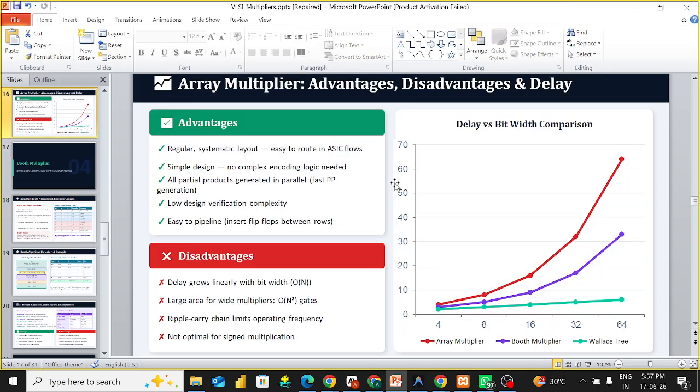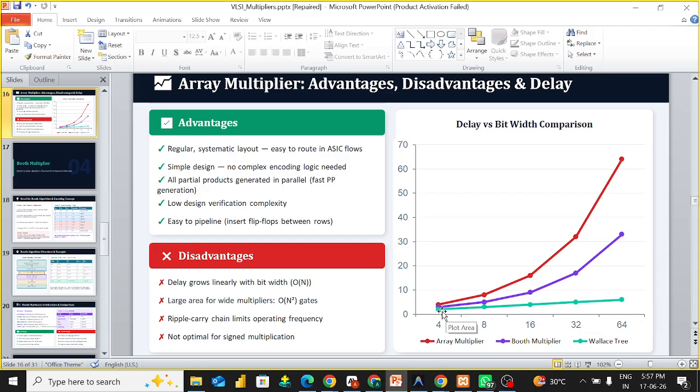These are just some delay versus bit width comparison. Okay, so just like I said, right? For 4 bits the delay is less, and as your number of bits keeps increasing, your delay is also increasing at a higher rate for the array multiplier. Okay, so in the Booth multiplier also there will be delay, compared to your array multiplier you can minimize the delay. And the Wallace tree also has some delay, but it will be negligible.